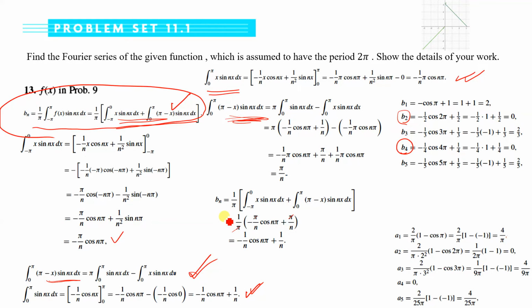So we can figure out the value of Bn. When n is odd, cos of n pi is minus 1, so Bn is equal to 2 over n when n is odd, and equal to 0 when n is even.